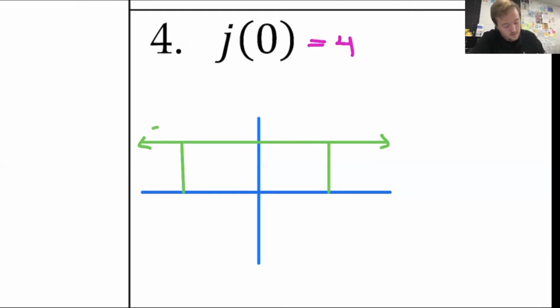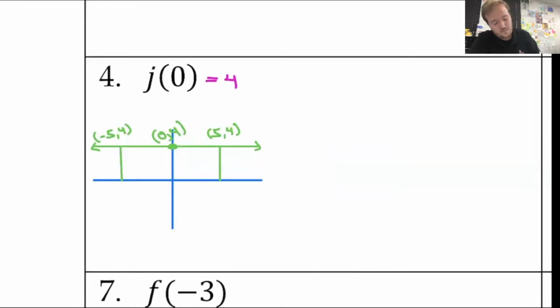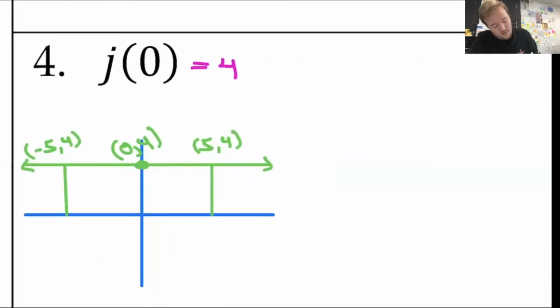Like this could be -5, 4. This would be 5, 4. At 0, this would be 0, 4. So no matter what the x value is, it's always going to be 4 as your corresponding y value. So therefore, j of 0 is equal to 4.